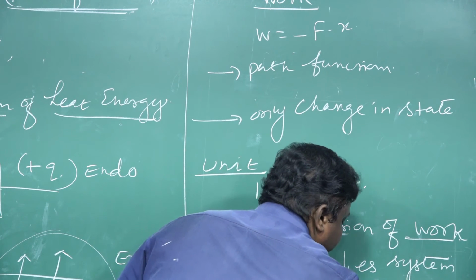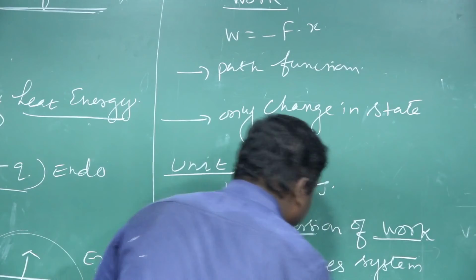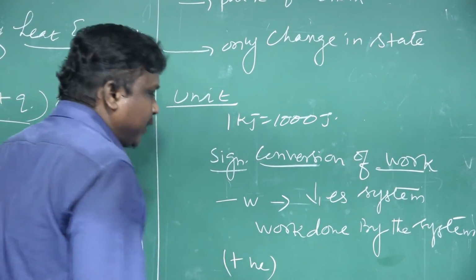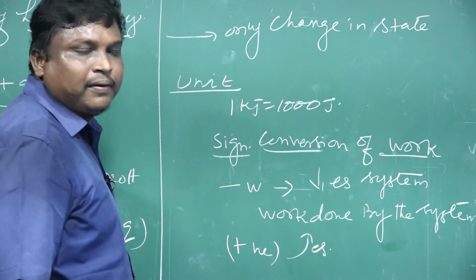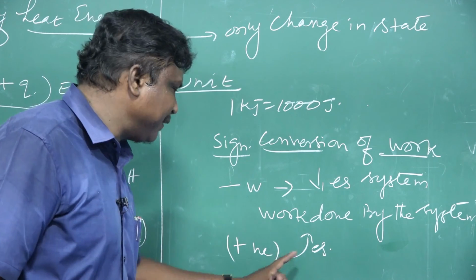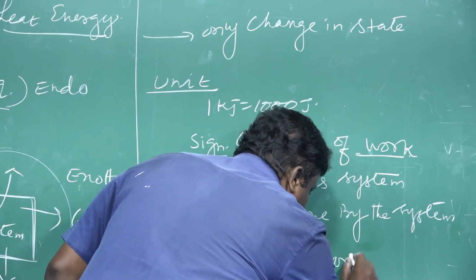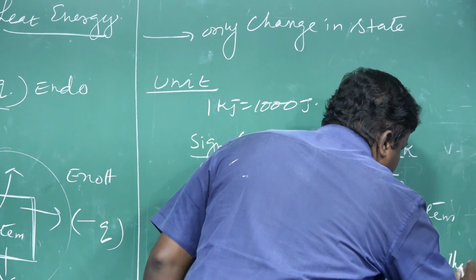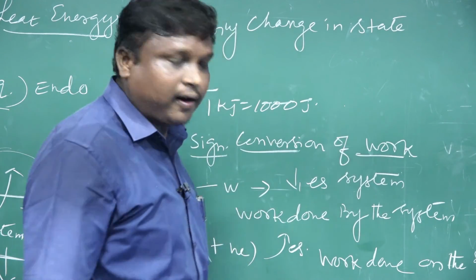Suppose work is positive. When work is positive, the system energy increases. This is work done on the system.